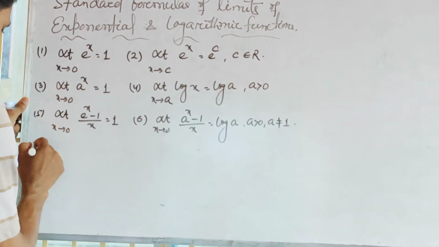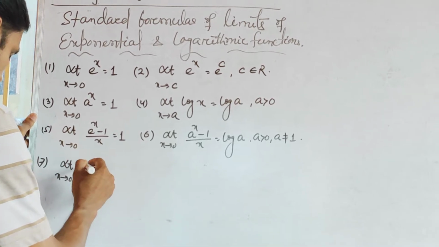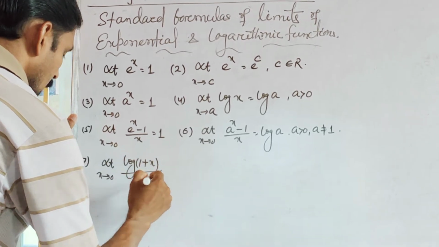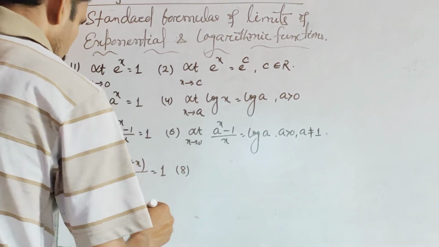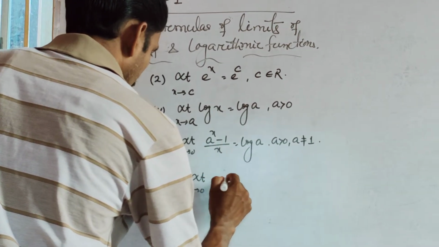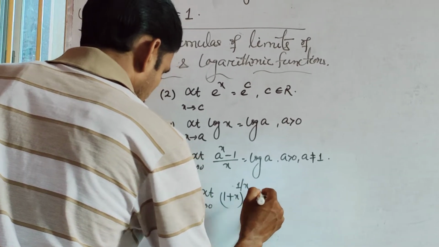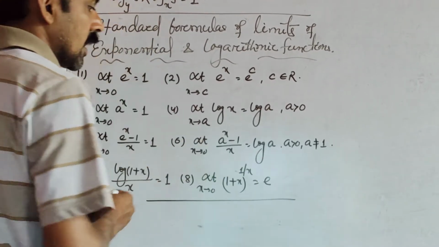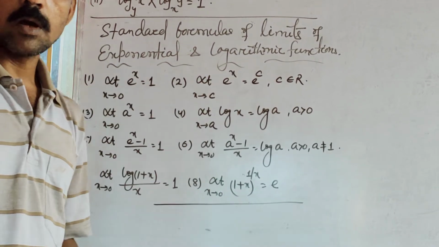Then limit x tends to 0 of log 1 plus x whole divided by x is equal to 1, and then limit x tends to 0 of 1 plus x whole to the power 1 by x is equal to e. So these are 8 formulas of limits based on exponential and logarithmic function.